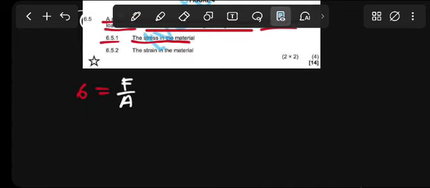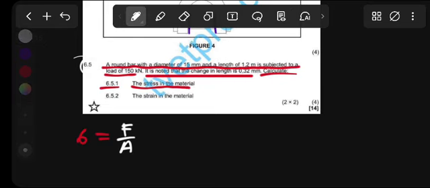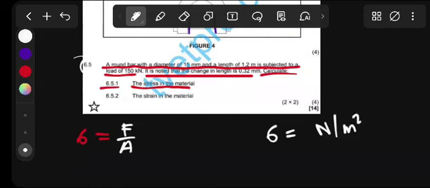All right, guys, we know that the stress is equal to force over area, isn't it? Another thing, guys: if they give you stress in SI units like Newton per meter squared, this is simply a stress. Don't panic.